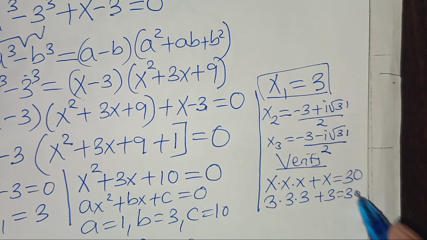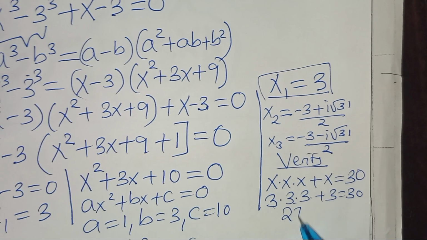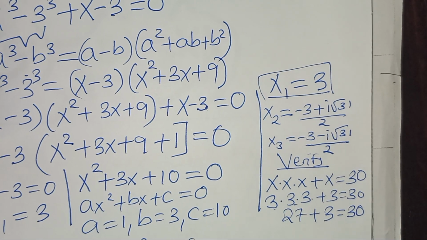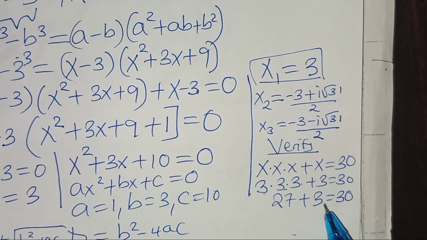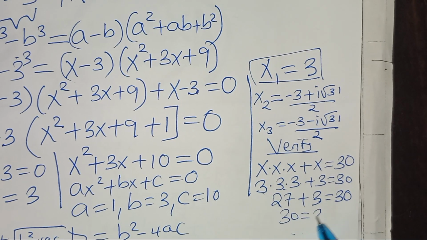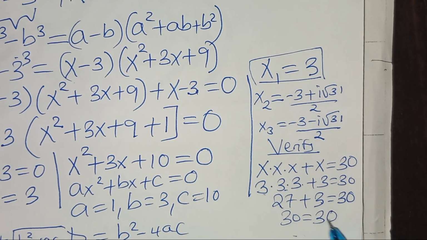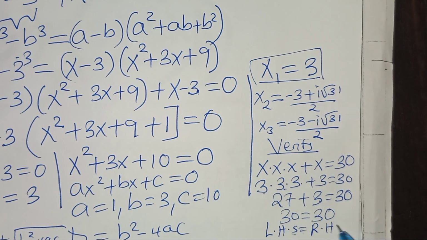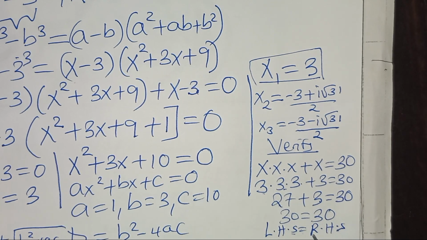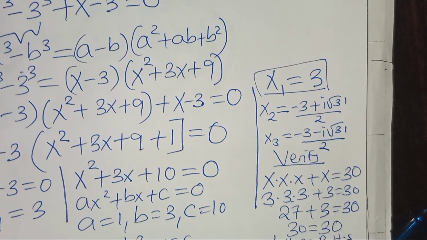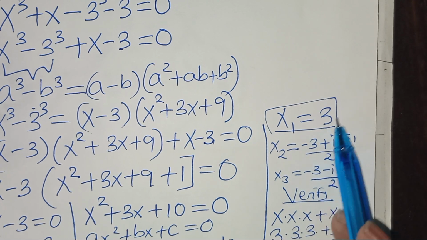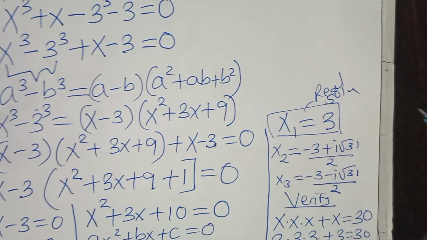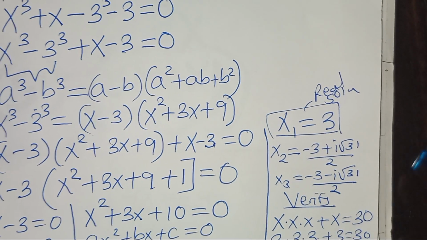So 3 times 3 times 3 is 27, plus 3, this is 30, which is equal to 30. So the left-hand side is equal to the right-hand side, and that affirms that the value of x1, which is 3, actually satisfies the equation. This is the only real solution here. x2 and x3 are complex solutions.